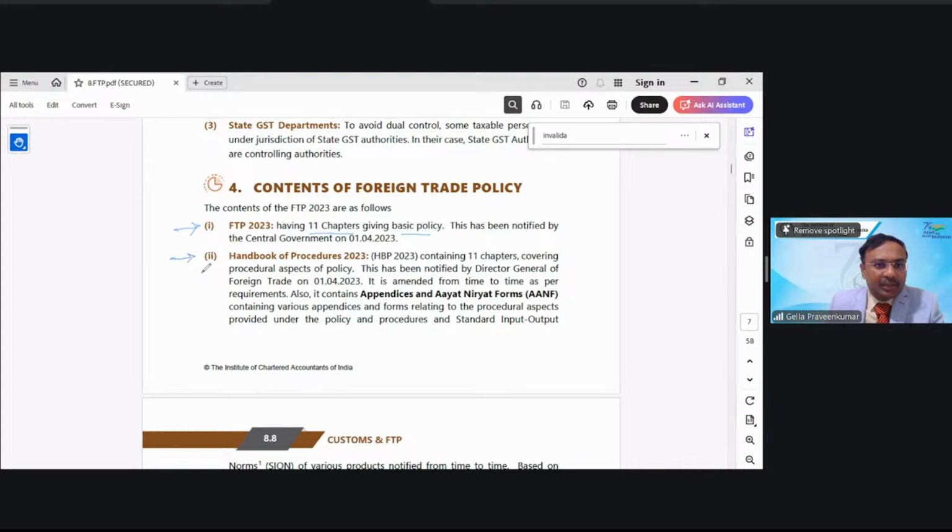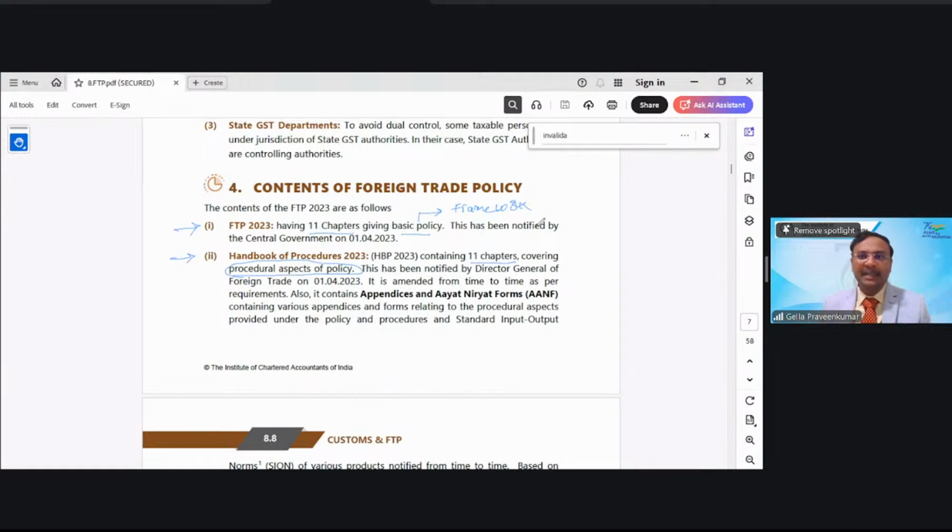The second, the rules, are prescribed in the Handbook of Procedures 2023, which again consists of 11 chapters and is procedural in nature. So my foreign trade policy is a legal framework. Like for example, what is a duty remission scheme? What is a duty exemption scheme? The basic modalities of the framework are there in the foreign trade policy. The procedural aspects are there in my handbook of procedures.